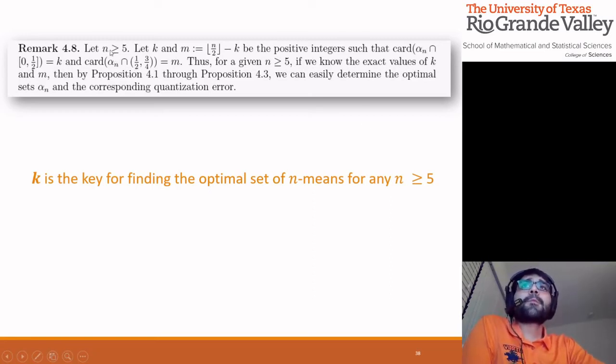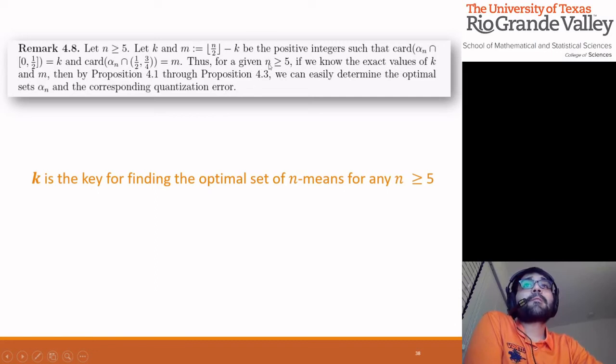So when n is greater than or equal to 5, as before, the number of elements in the interval 0 to 1/2 equals k, and the number of elements in the other interval equals m. Thus, for a given n greater than or equal to 5, if we know the exact values of k and m, then by propositions 4.1 through 4.3, we can easily determine the optimal set alpha_n and the corresponding quantization error.